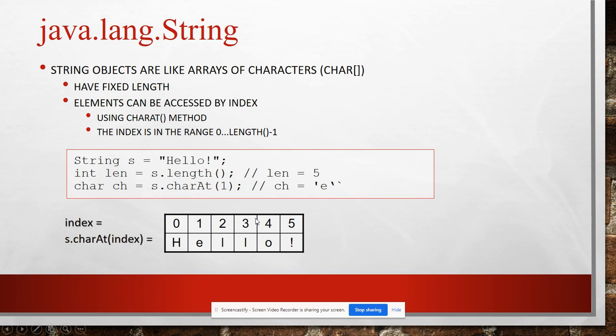For instance, these are the characters and we want to fetch number one, the E character. So we are just passing the index 1. On index 1 we have character E. So the result will be character E.